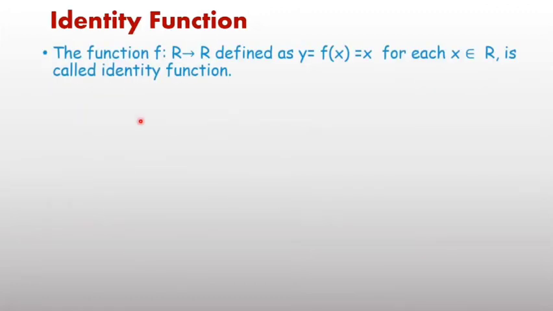Now next, identity function. Again it is a real function, meaning a function from R to R is known as an identity function if f(x) equals x, or y equals x.